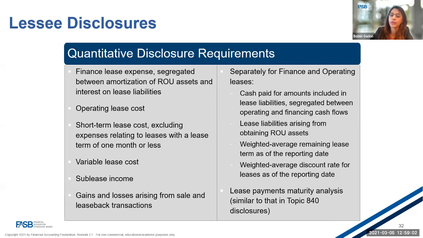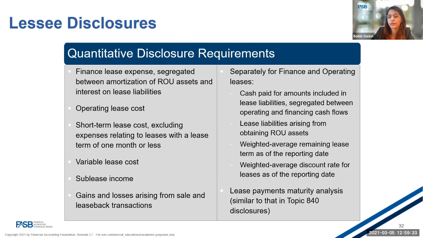non-cash supplemental information for lease liabilities that arise from obtaining ROU assets. This could happen in case of lease modifications or remeasurement of lease term. So if there is a modification which leads to an increased lease liability and right-of-use asset on the balance sheet, but there's no cash or expense in that period related to it, there are disclosures about that non-cash change in asset.